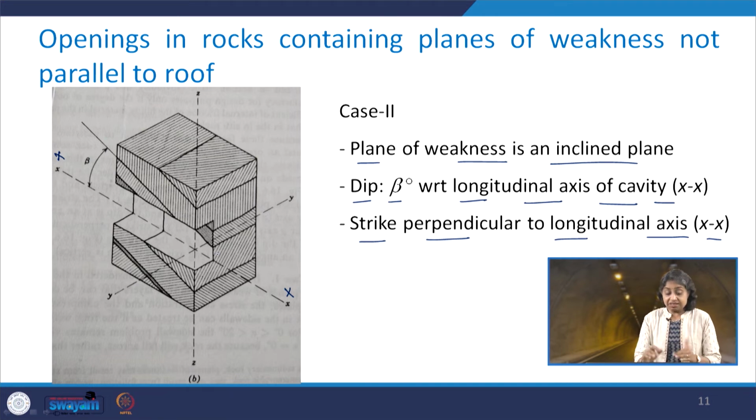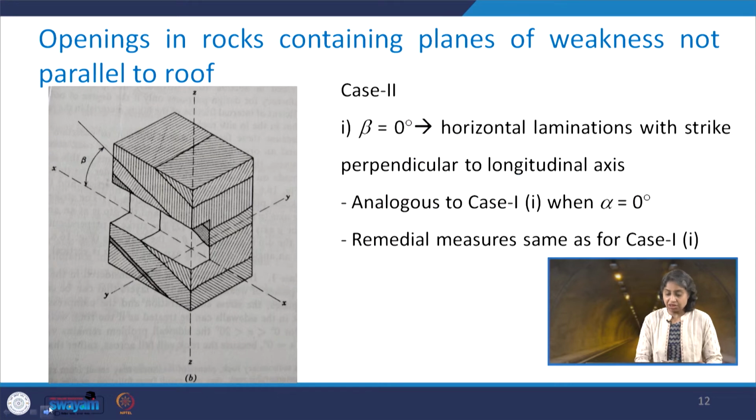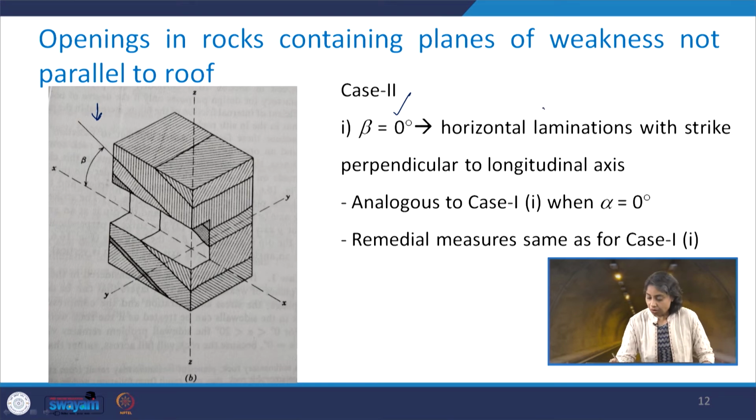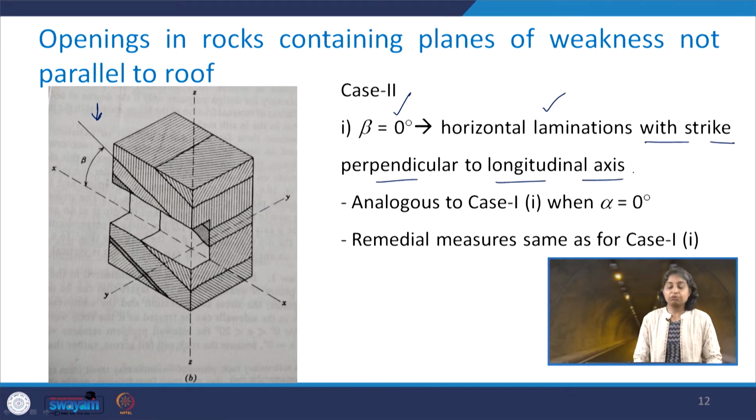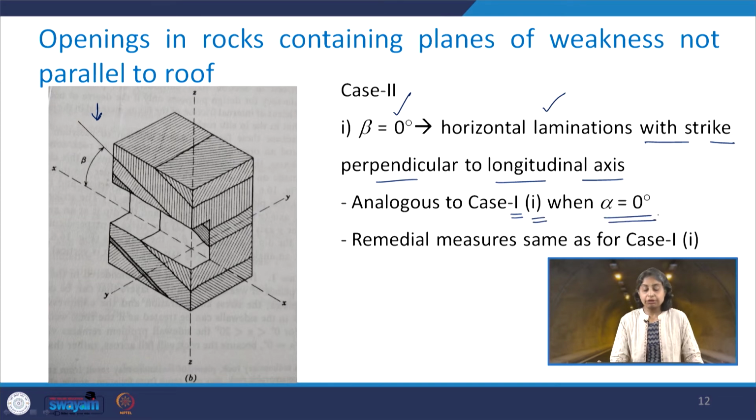In this case also, based upon the value of beta, we have various situations. In case this beta becomes equal to 0, just take a look at this figure, again there are going to be horizontal laminations with strike perpendicular to the longitudinal axis, and therefore this case becomes analogous to case 1's first part where alpha was equal to 0.